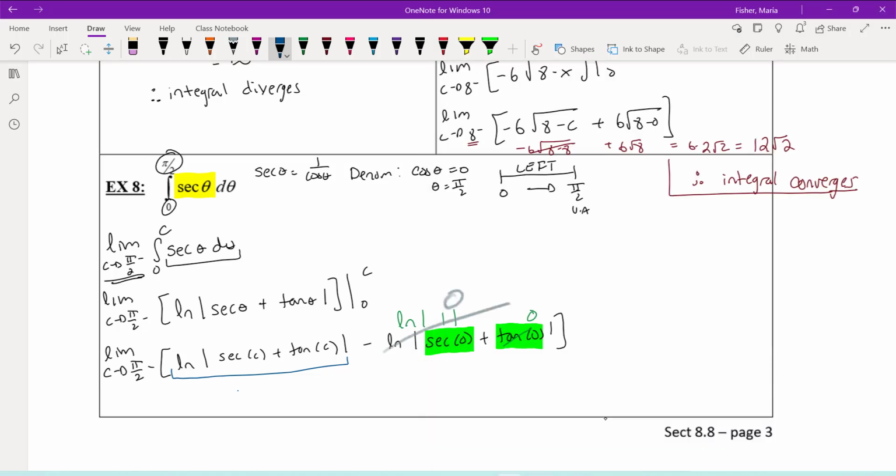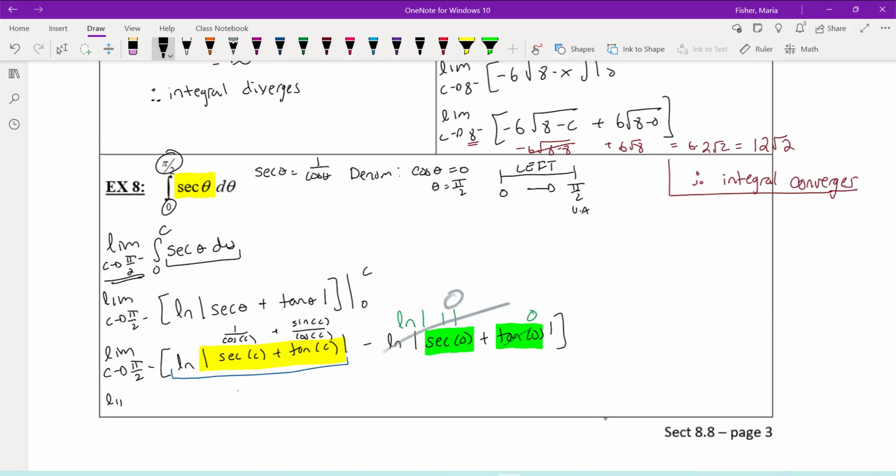So what I'm going to do is rewrite this as a single fraction inside of the natural log first, to make it easier for myself when I'm plugging it into the calculator. I know secant is 1 over the cosine, and I know that tangent is sine over the cosine.